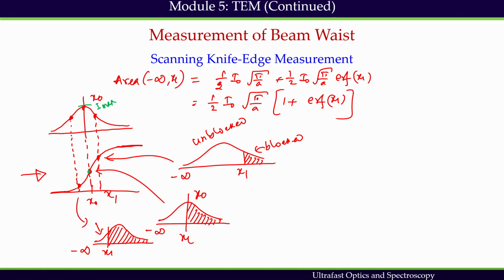Let's say Imax by E square is here. So in the end I'll be able to define this as omega naught from the experiment. This omega naught is nothing but the narrowest size, and if it is not omega naught, then it's omega. This is the size of the beam.